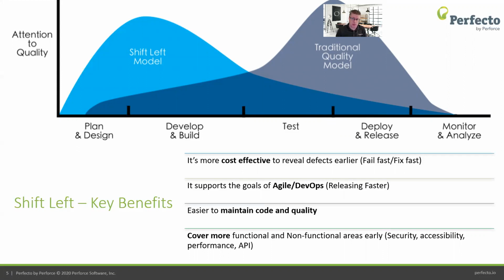And last but not least, it's also about a coverage concept here. The more you can put towards the left, the more you can cover earlier in the cycle, the more scenarios, the more platform combinations and permutations, functional, non-functional, API testing, everything can fit much easier when you are automating with high quality and shifting it left.